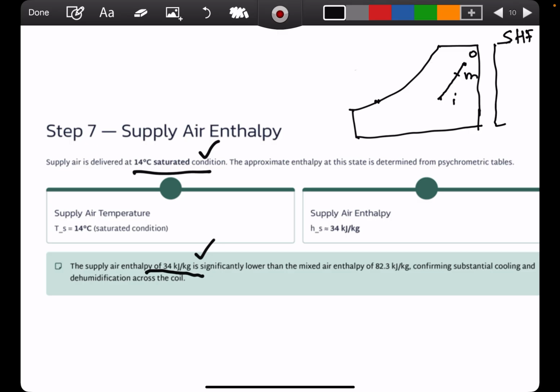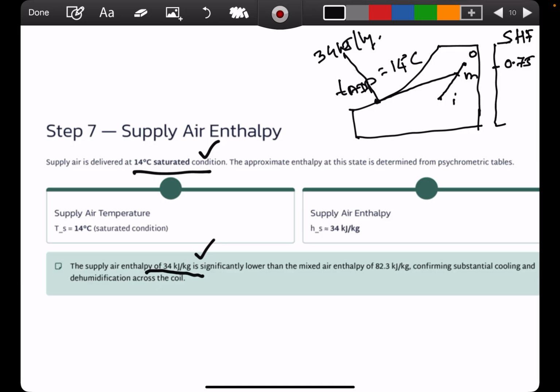The actual procedure is you draw the sensible heat factor line corresponding to your 0.75 or whatever you got earlier, and that intersects the saturation curve at TADP, which is approximately 14 degree centigrade. But here we are already given 14 degree centigrade. If you read the corresponding enthalpy here, that comes out to be 34 kilojoule per kg.